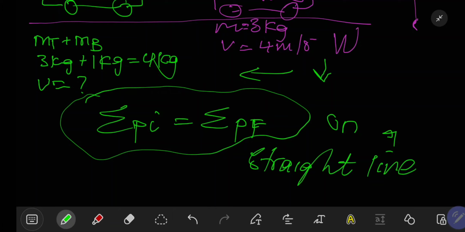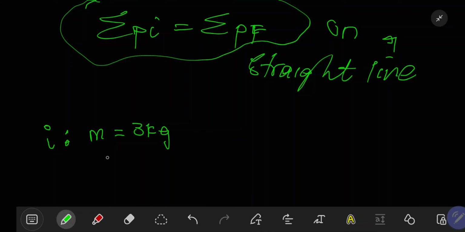It means that at the initial stage, we had the mass of the trolley, which was 3 kg, and it was moving at a velocity v of 4 meters per second in the western direction.